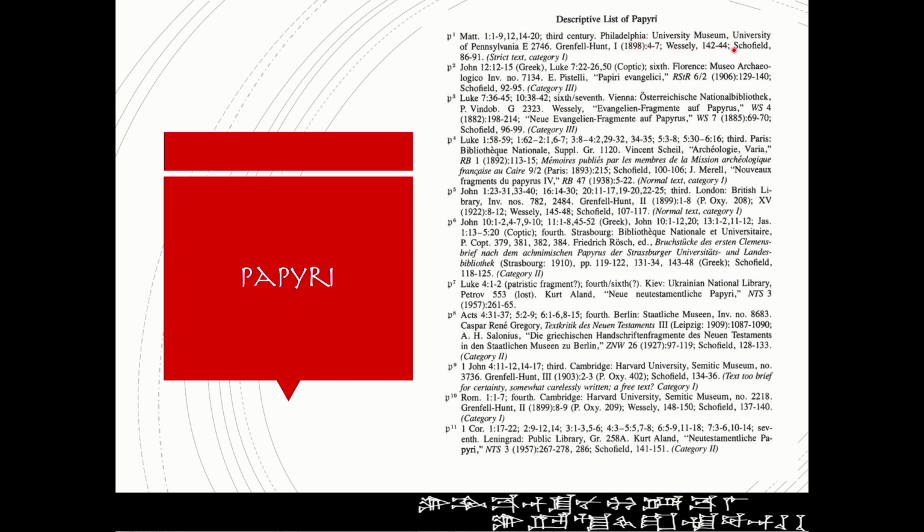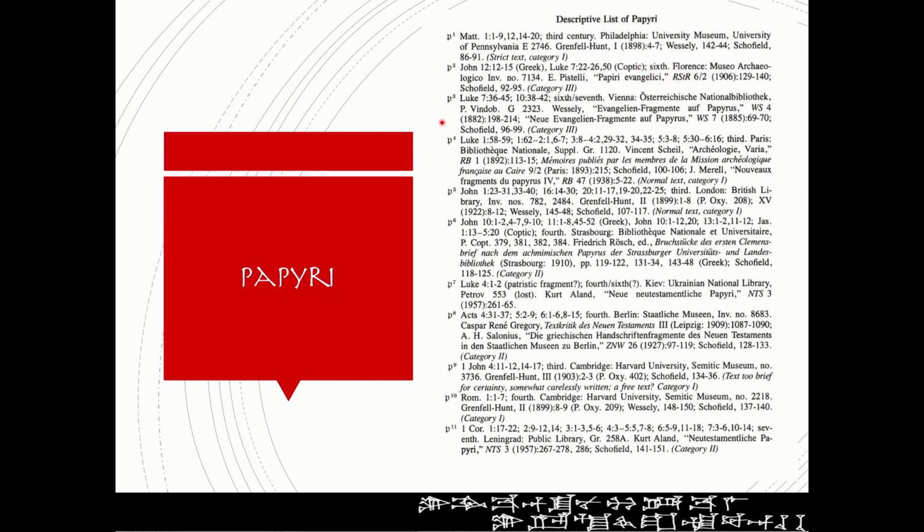And then there's some bibliographic information about it. The same thing here with Papyrus 2. So it contains John 12:12 through 15, and Luke 7:22 to 26, and verse 50, but in the Coptic. It's a 6th century manuscript, and it's housed in Florence.